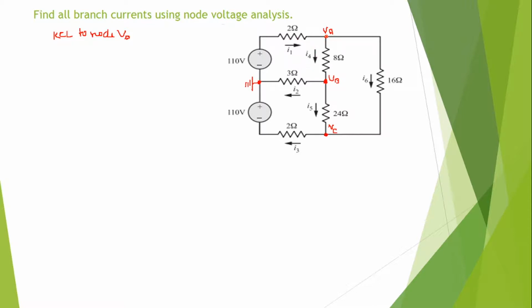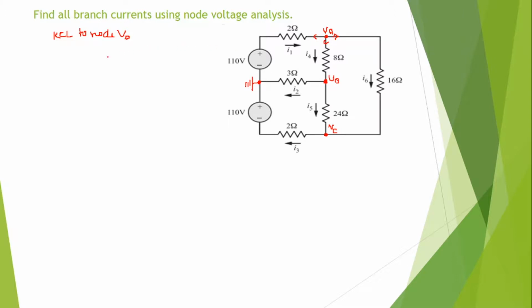That is, VA is at a higher potential compared to the other node potentials, so current flows from this direction as well as this direction. Whenever I am applying KCL to this node, as we don't know the direction, we are considering this direction.